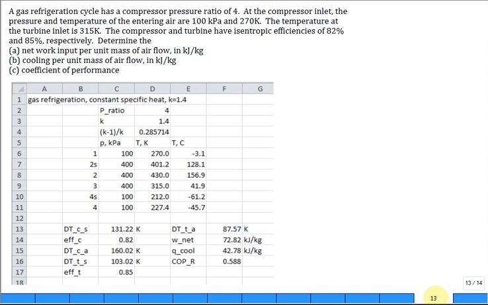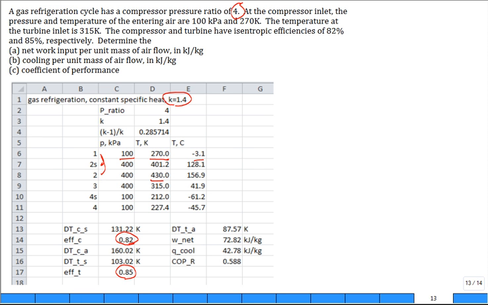This is a problem where the pressure ratio is only 4. It comes in at 100 kilopascal and 270 Kelvin, or negative 3 degrees C. Use constant specific heats. If you have isentropic efficiency for the compressor of 82% and 85% for the turbine, you can even have a little enhancement. You go 1 to 2s and then 1 to 2.